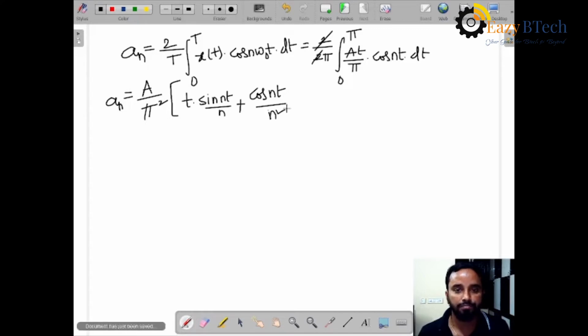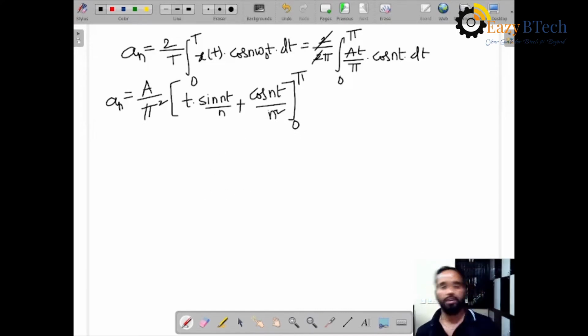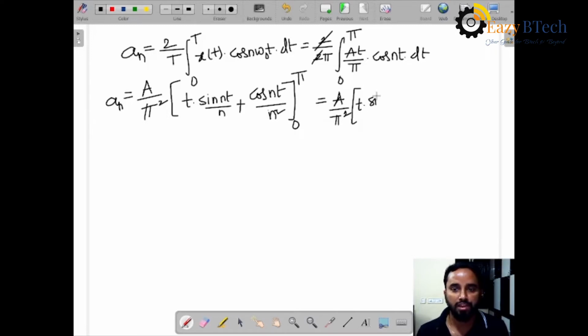Now the limits are from 0 to pi. So go for substitution of the upper and lower limits. First we substitute the upper limit: A by pi square, the upper limit is t sin n pi divided by n plus cos n pi by n square.